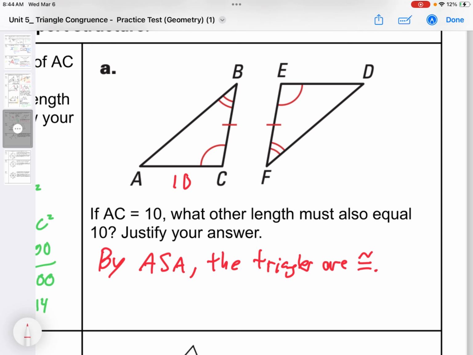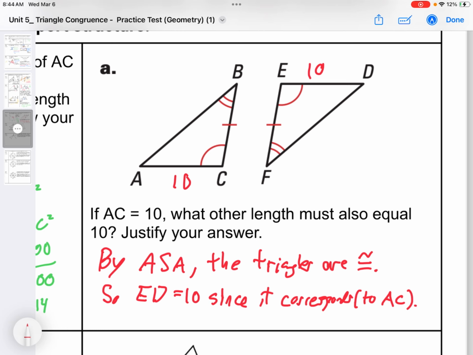So ED must also be 10. So ED equals 10 since it corresponds to AC.